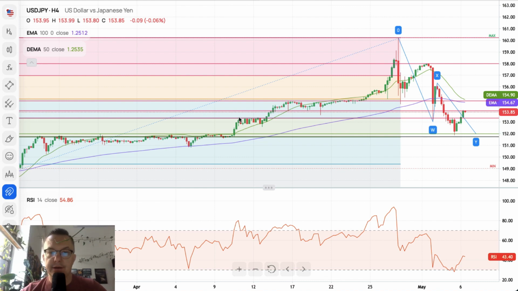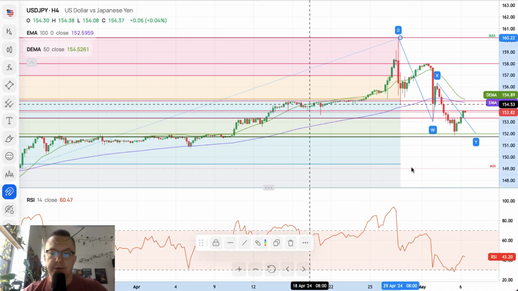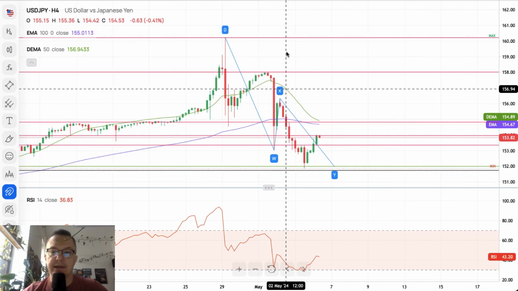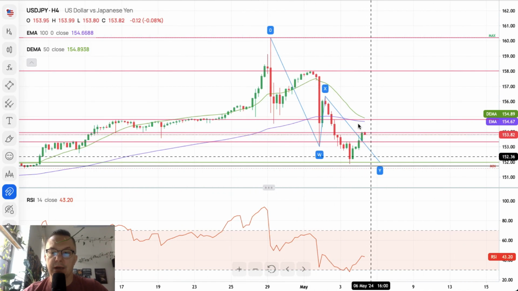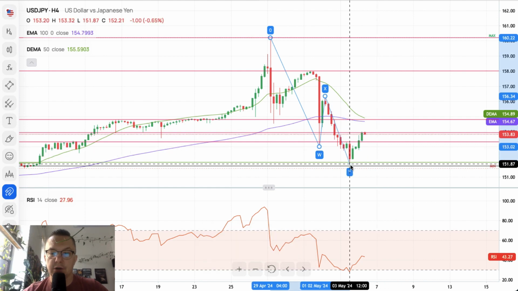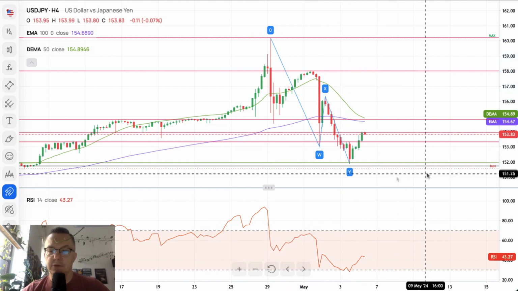What do we have here is US dollar to the Japanese yen 4-hour chart, and let me just remove the Fibonacci, because what we want to focus on is the WXY pattern, which went exactly as we wanted it to go, even hit the level that we wanted to go.